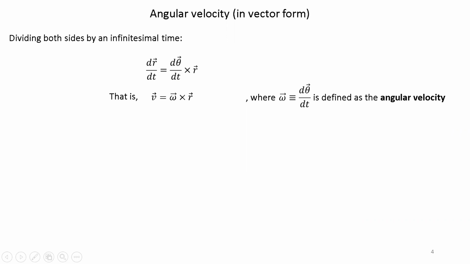And if you consider the vector r as the position vector of a particle, then this dr dt, of course, is the velocity v. And this d theta dt, I am going to define as the so-called omega, the angular velocity. So the right-hand side is omega cross r.